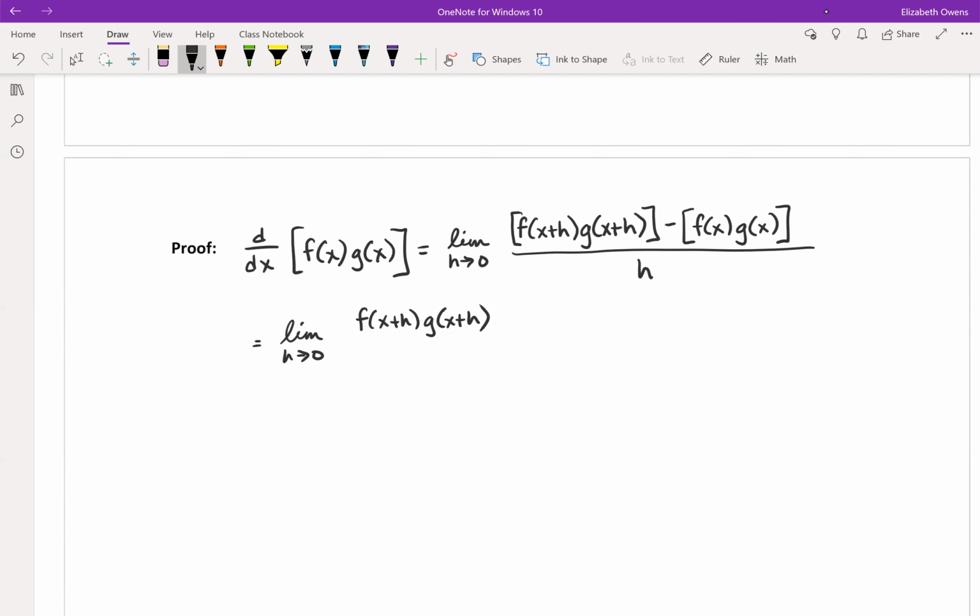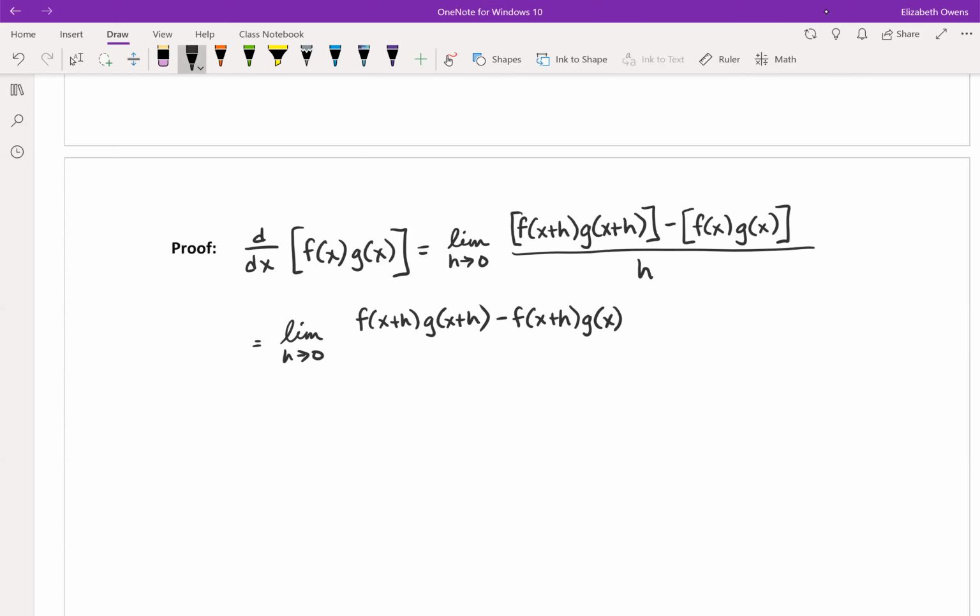In the middle of this numerator, we are going to add and subtract a term, the same term, so that ultimately we're changing nothing here, but we are going to write minus f of x plus h times g of x. Okay, so this is a new thing we're introducing into the expression here. And we've subtracted that term, and then immediately we're going to add the exact same thing, f of x plus h, g of x. That way we can say, okay, essentially we changed nothing right there.